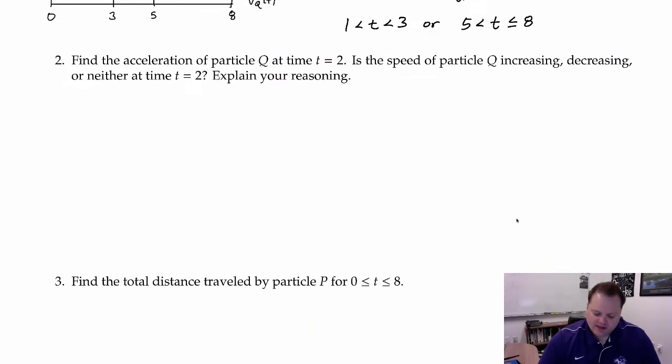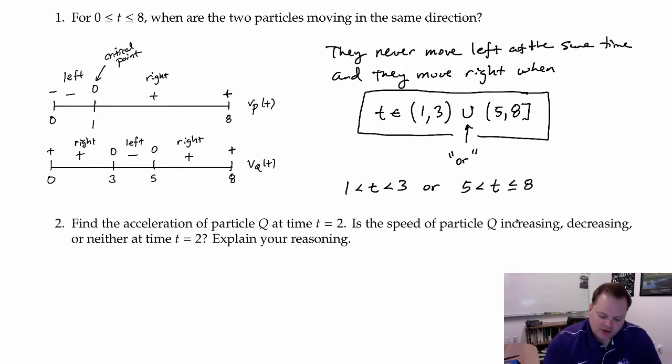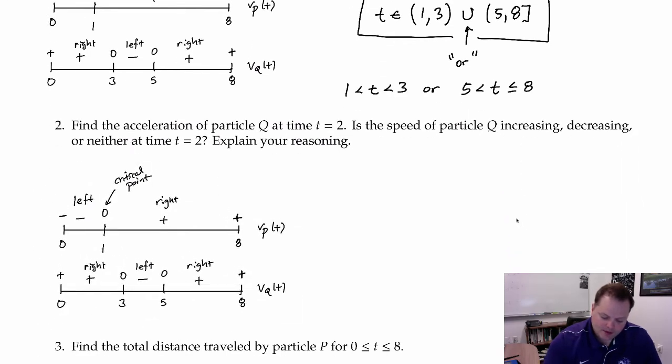All right, so find the acceleration of particle q at time 2. I'm going to go ahead and once again copy this down because you're going to see how we're going to keep referring back to this. Okay, so acceleration of particle q.